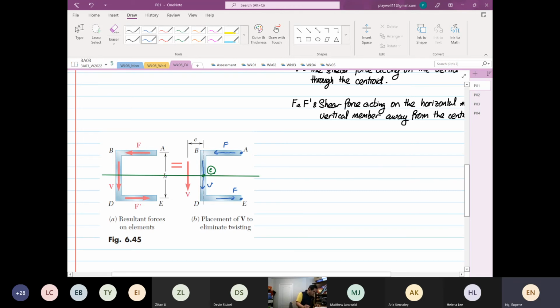So we are going to determine the distance E, which is the distance between point C to, I'm going to call this O, to O, which is the shear center.